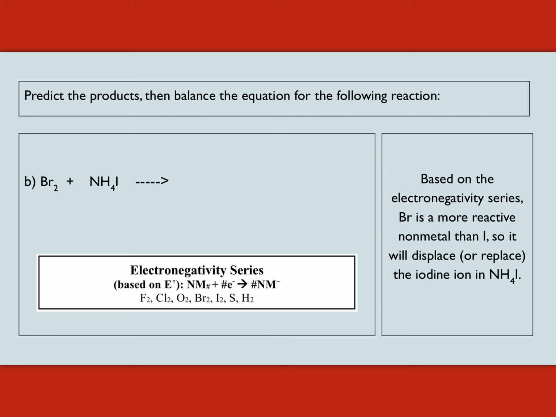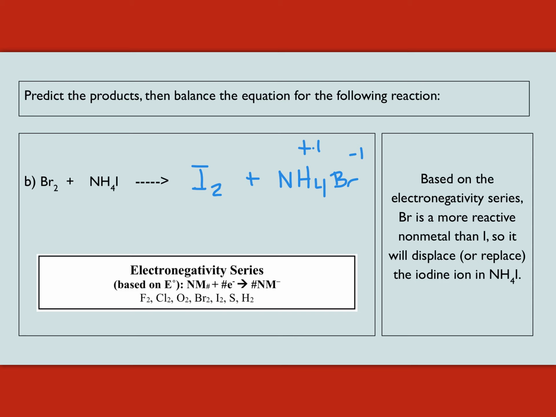So this reaction will take place. So to predict it, you're going to kick the iodine out by itself. Now iodine is diatomic, so put a 2 there. And then you're going to write the compound created from an ammonium ion, NH4+, and a bromide anion, Br-1. So we don't really need any subscripts there.